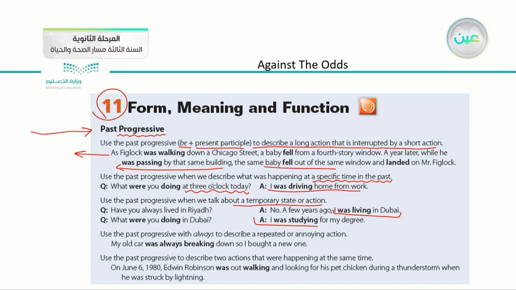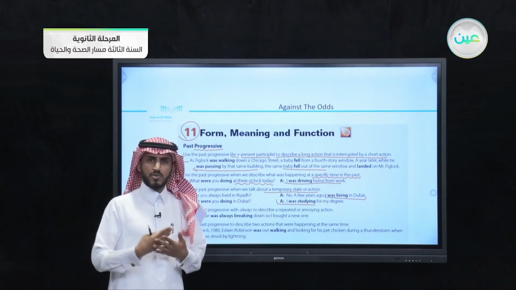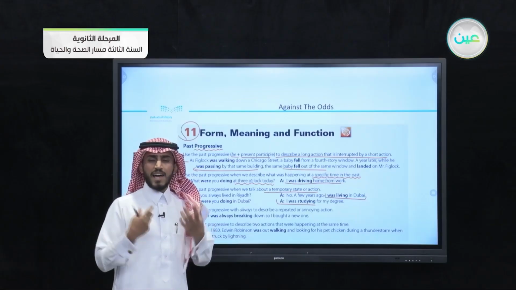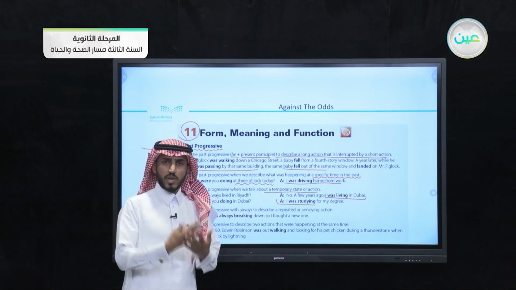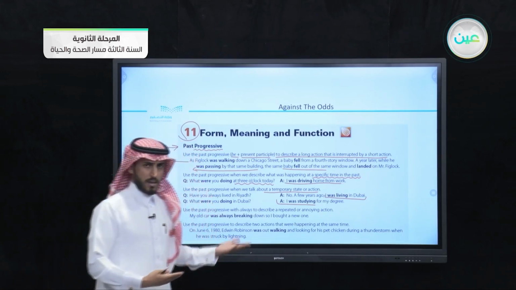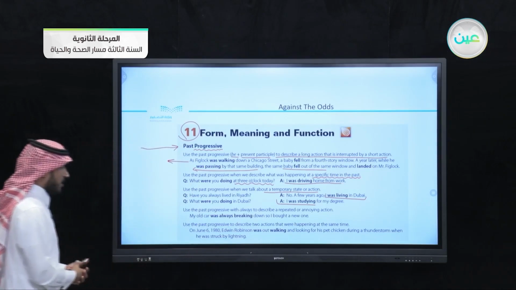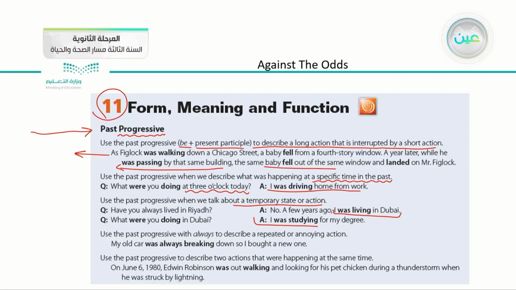Another situation for using the past progressive is with always to describe a repeated or annoying action. If you want to complain about something, it's okay to use the word always. For example, here in the example, my old car was always breaking down, so I bought a new one.